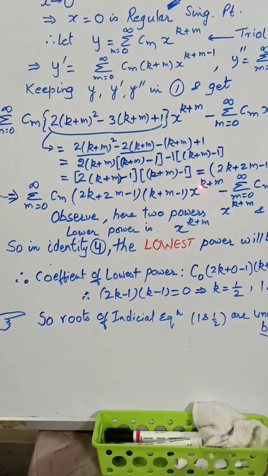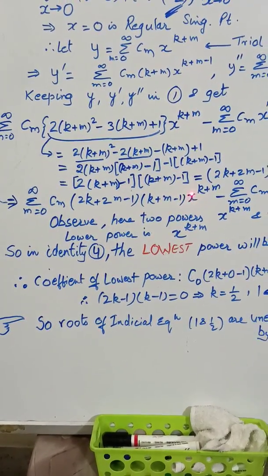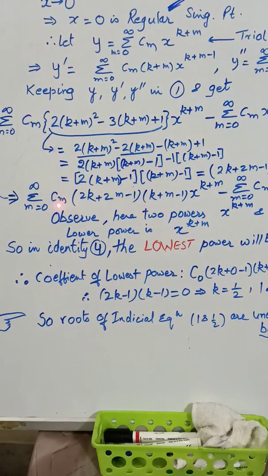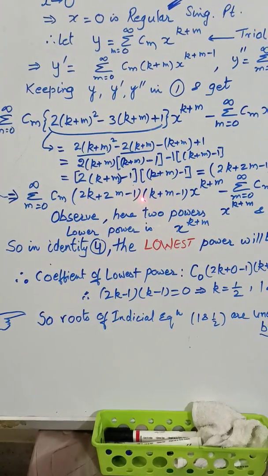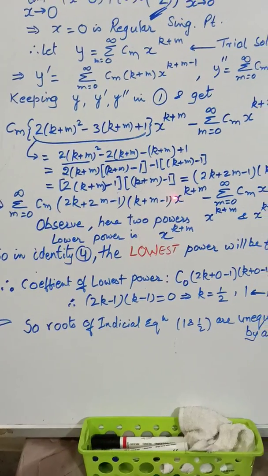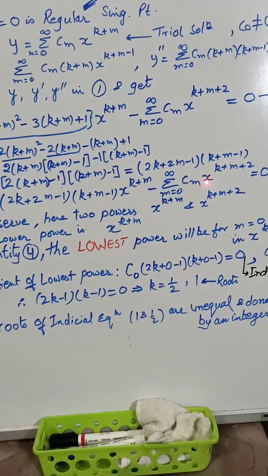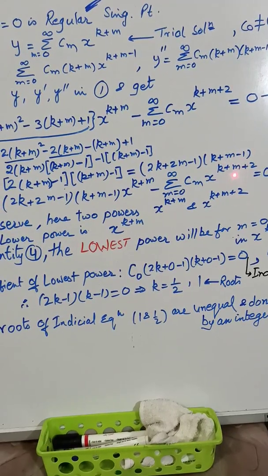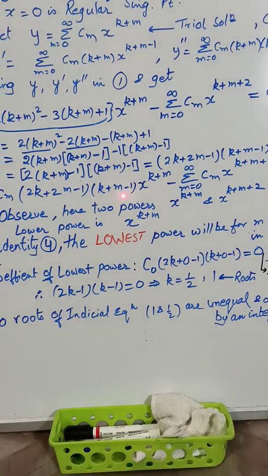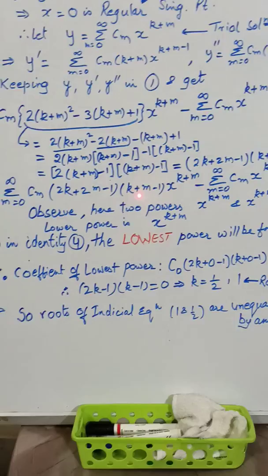So the lowest power is x^k and its coefficient is C0 (2k - 1)(k - 1). And here, even if you put m equal to 0, the power of x will be k + 2. So this is not the lowest power. Lowest power is x^k.